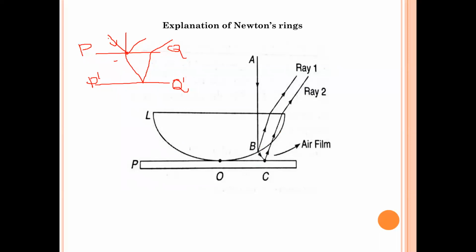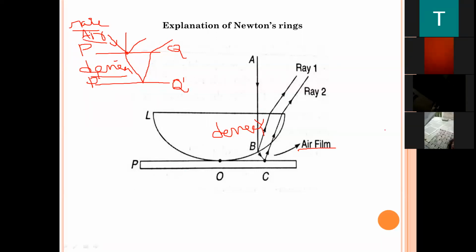Here, the light ray is coming from air medium, that means rarer medium, to the denser medium. But in Newton's rings, the light ray travels from denser medium to air medium. That is the main difference.